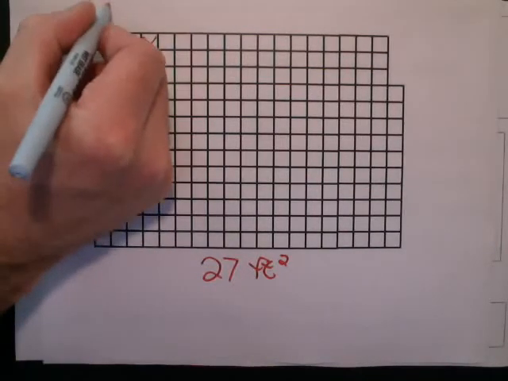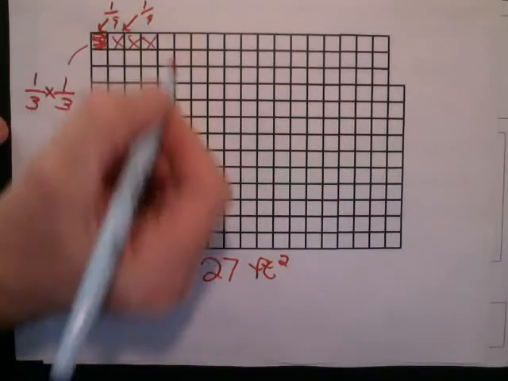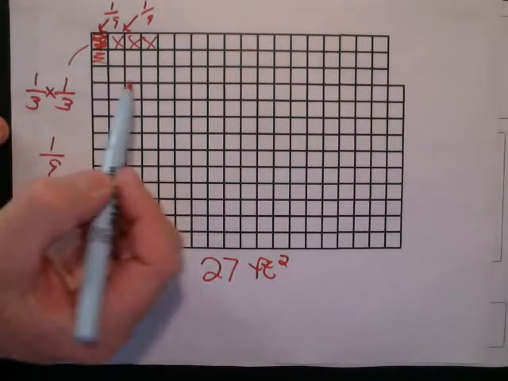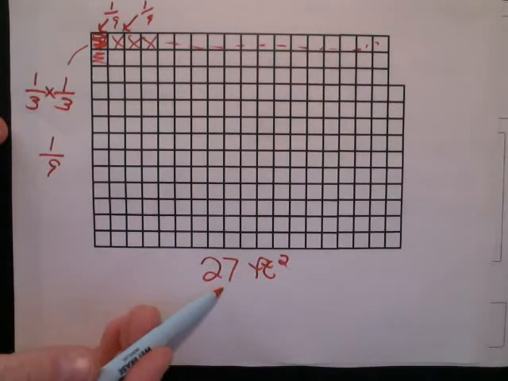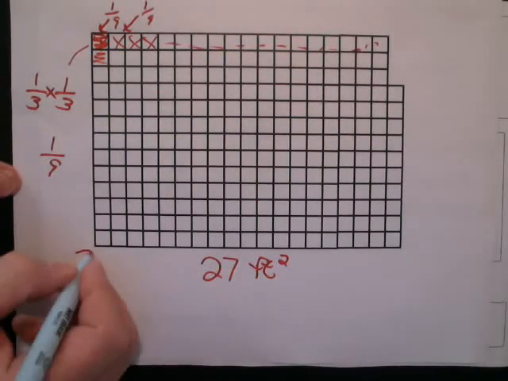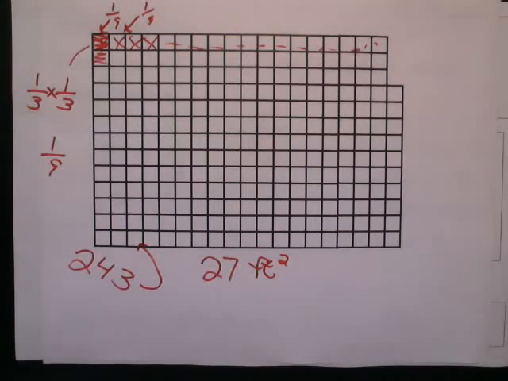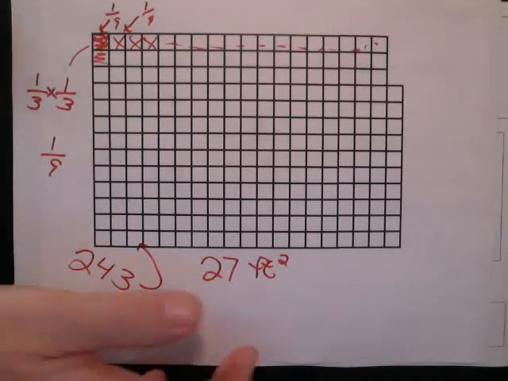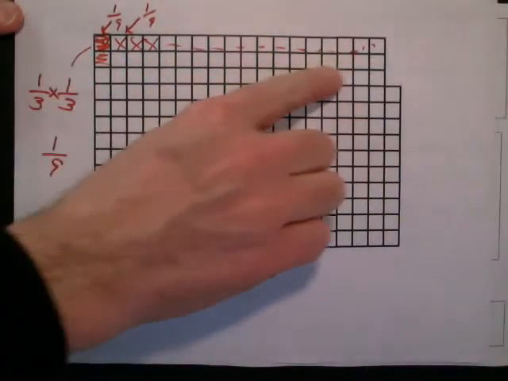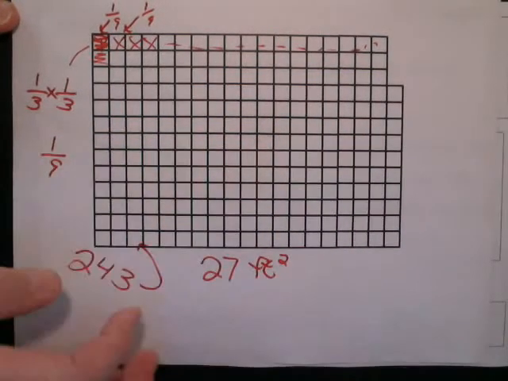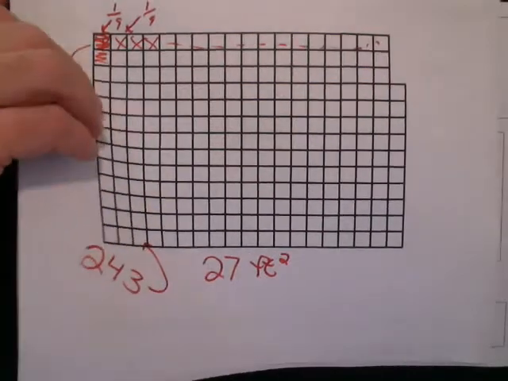So each one of these is 1/9 of a foot by 1/9 of a foot, and eventually we had to divide the total by the area of one tile to come up with the answer of 243 little tiles. Okay? So that's how they came up with the answer of 243, and that's what it looks like if you use individual tiles to divide up the total area of 27 square feet.